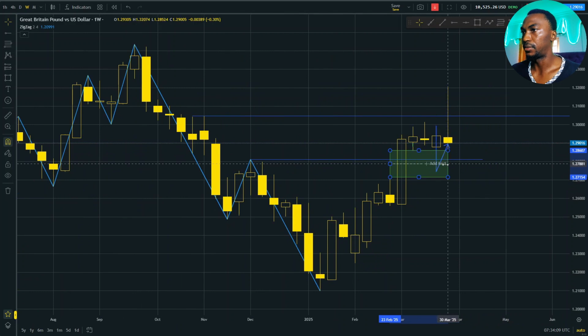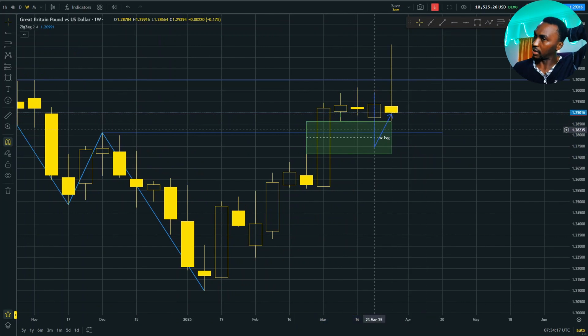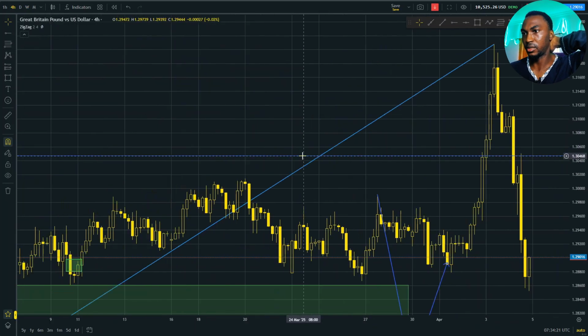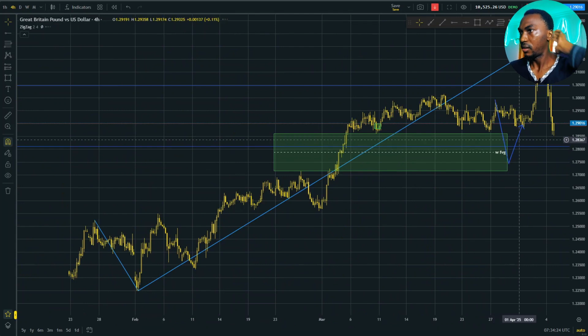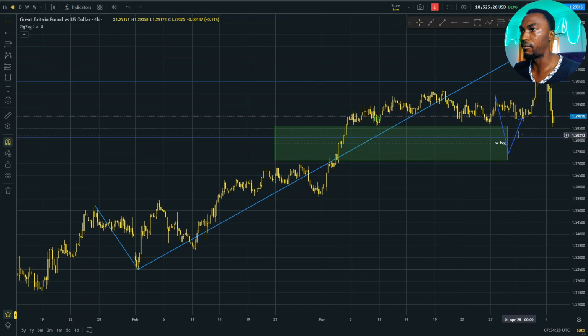So on the weekly, being that price has finally mitigated with the weekly FVG, and you can see what I did right here. I had an analysis where I said I expect price to come into this place. You can see it right here, come in here, make a reversal and move if it's going to be bullish, right? We'll see that reversal.